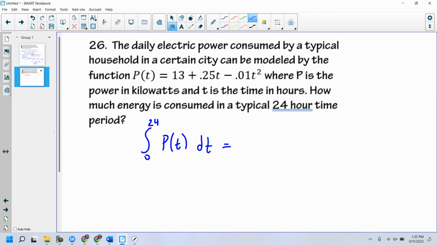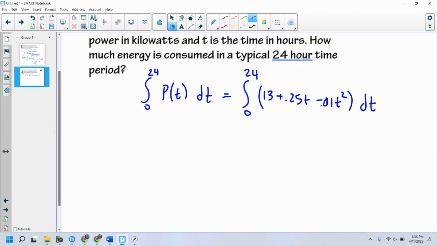Okay, so let's actually run the integral from 0 to 24 of 13 plus 0.25t minus 0.01t squared dt. Let's do the antiderivative, which is 13t plus 0.25t squared over 2 minus 0.01t to the third over 3 from 0 to 24.